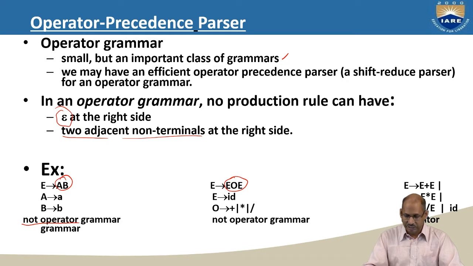But if we consider this one, terminal, terminal, terminal and a terminal, we consider it an operator grammar. There is no epsilon production on the right side of a production, and there must be no two adjacent non-terminals.